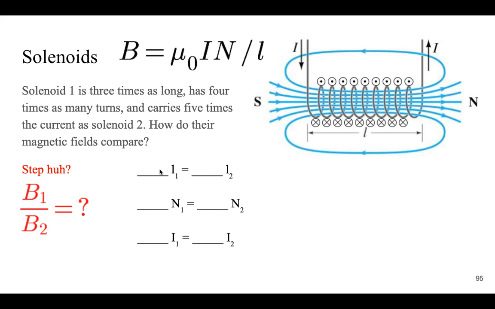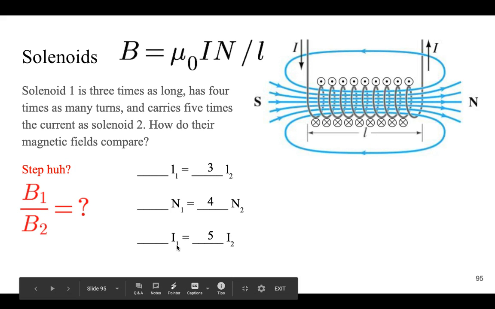Do each of these numbers go on the left or the right? Well, in this case, they're all going to go on the right. Solenoid 1 is 3 times as long, so L1 is equal to 3 times L2. 4 times as many turns, so N1 is equal to 4 times N2, and 5 times the current, so I1 is equal to 5 I2.